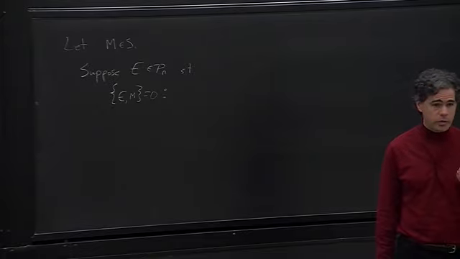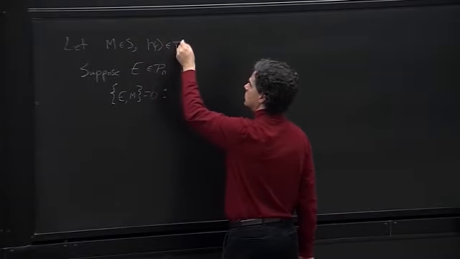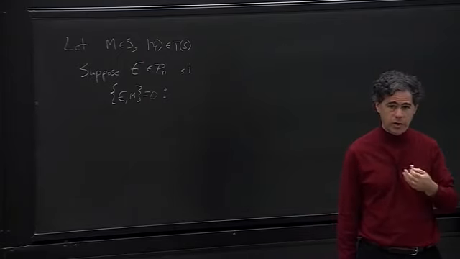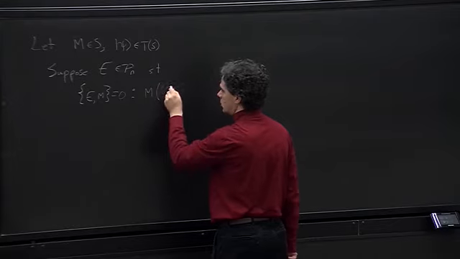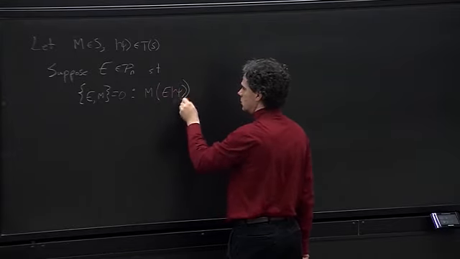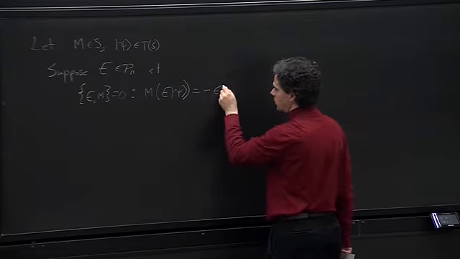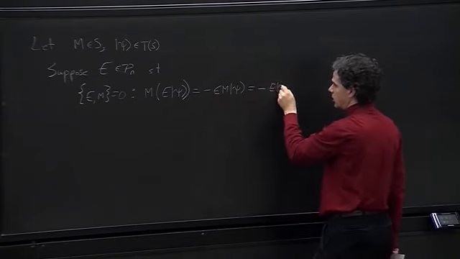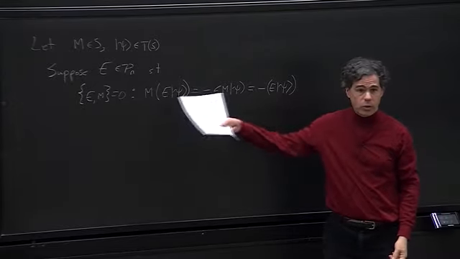The state psi was in the code, and so M psi is equal to psi. Psi is a +1 eigenvector of M. Let's look at the eigenvalue of E psi after we have the error E. Well, E and M anti-commute, so we can switch the order, but we get a minus sign. And M psi is equal to psi, so this is minus E psi. OK? So E psi is now a -1 eigenvector of M.